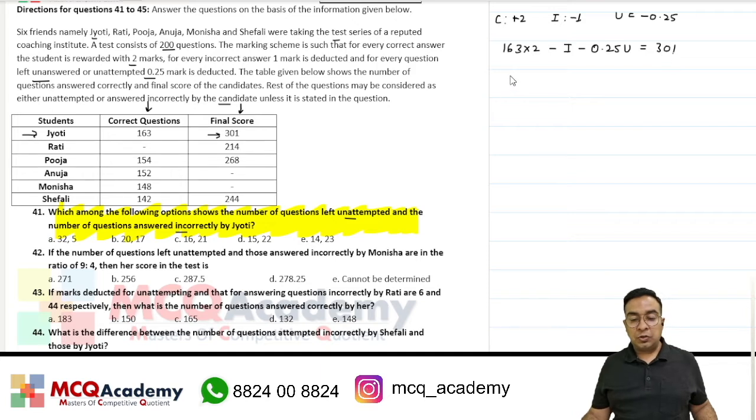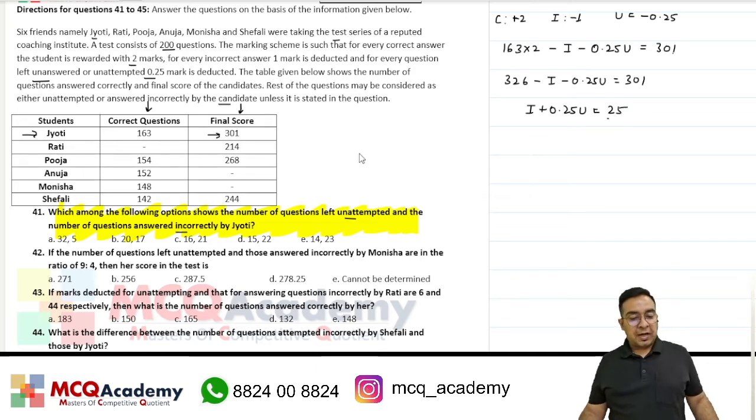So this is equal to 326 minus I minus 0.25 of U. This is equal to 301. So I plus 0.25 of U. Solve कर रहे हैं equation को. This will be equal to 25.